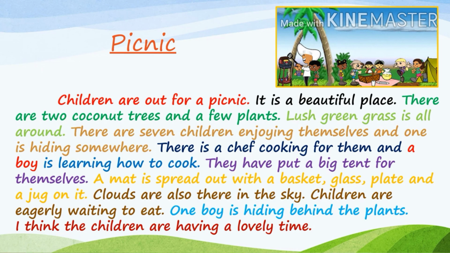They have put a big tent for themselves. A mat is spread out with a basket, glass, plate and a jug on it. Clouds are also there in the sky. Children are eagerly waiting to eat. One boy is hiding behind the plants. I think the children are having a lovely time.